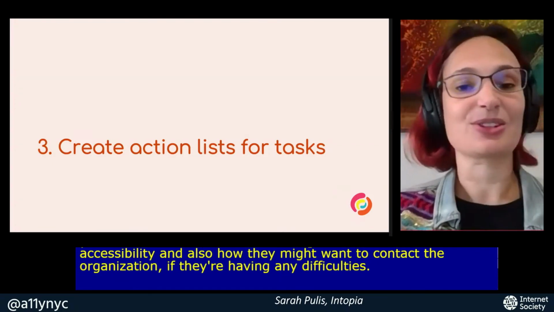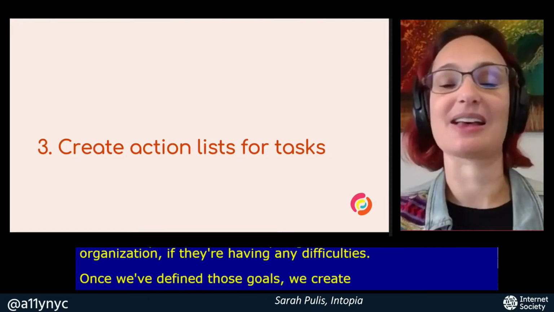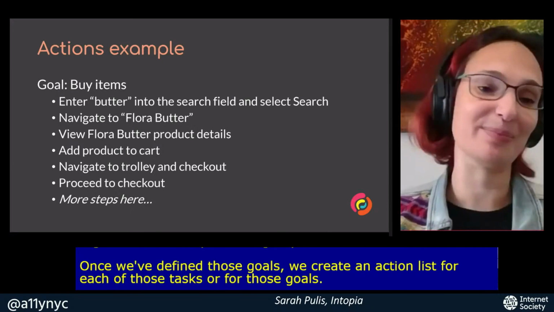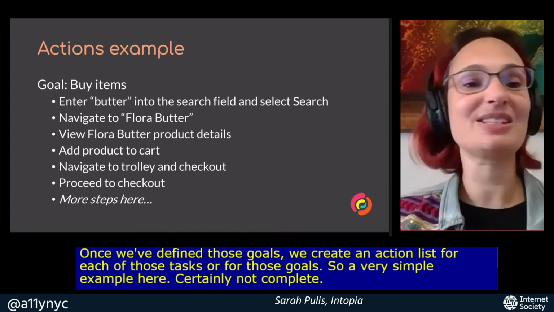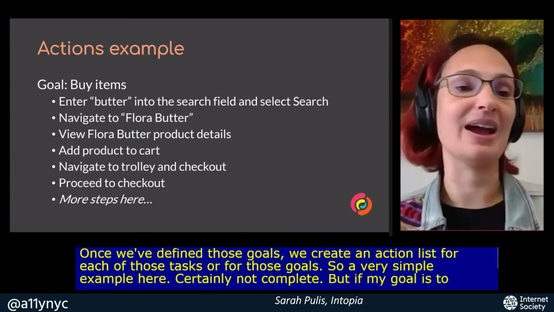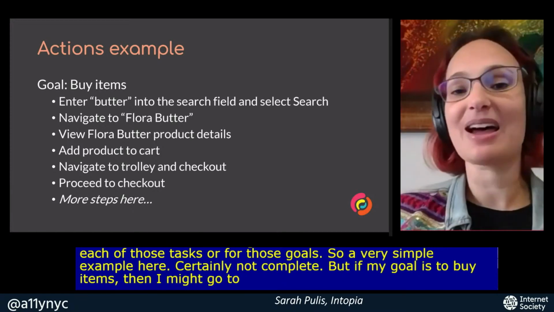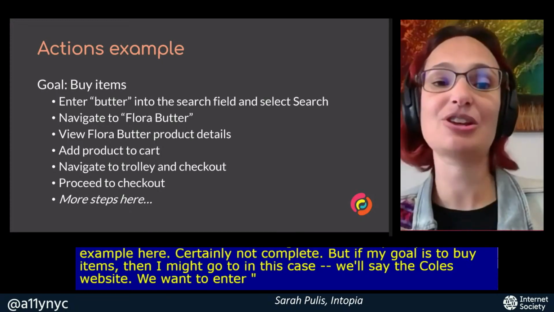Once we've defined those goals, we create an action list for each of those goals. So a very simple example here, certainly not complete: if my goal is to buy items, then I might go to, in this case, the Coles website. We want to enter butter into the search field and select search.